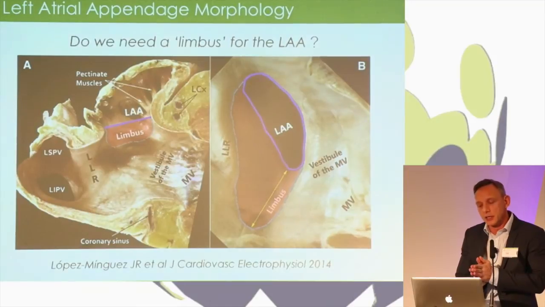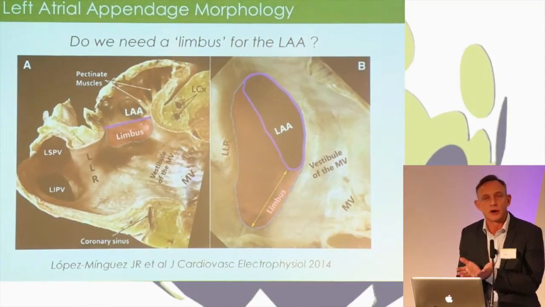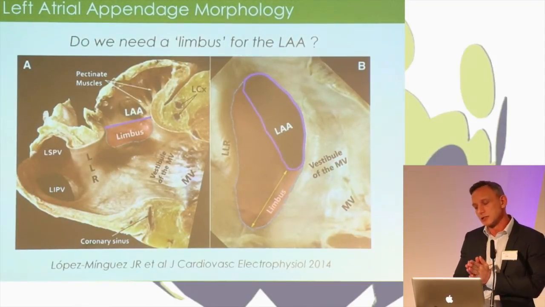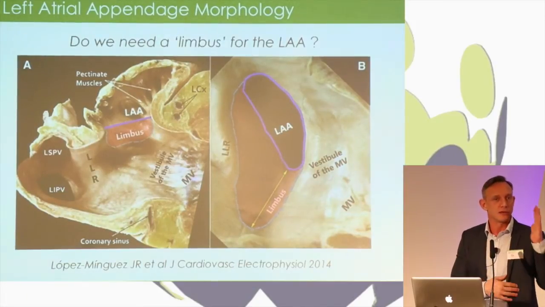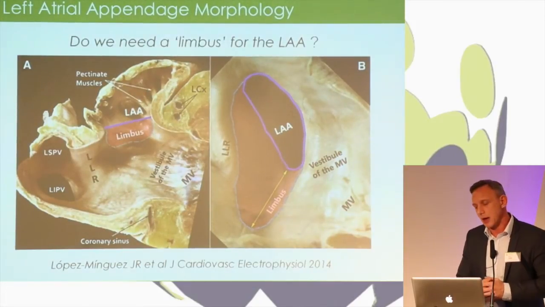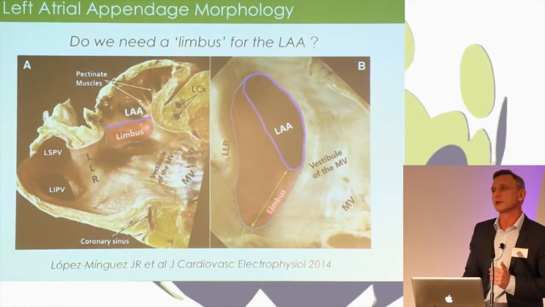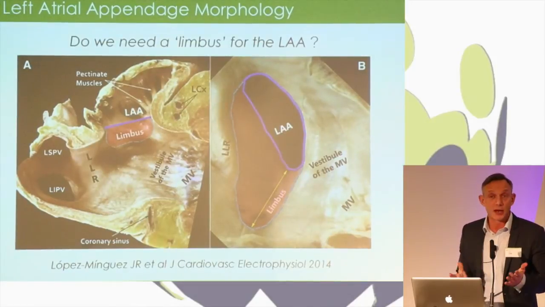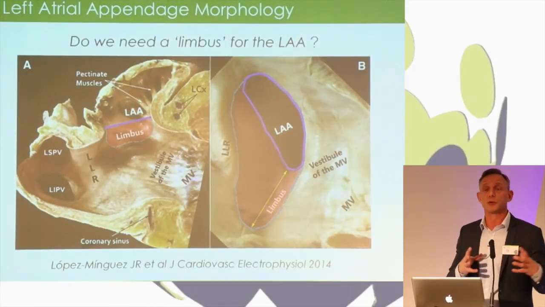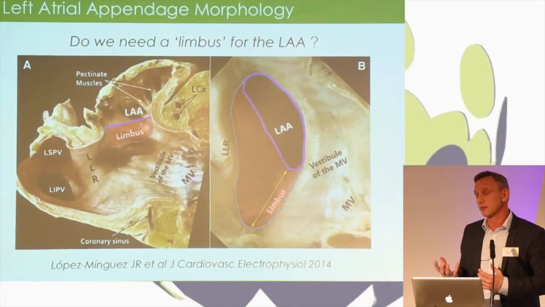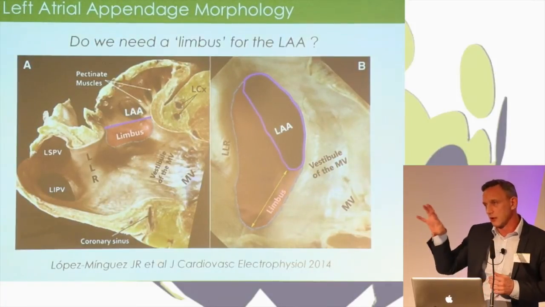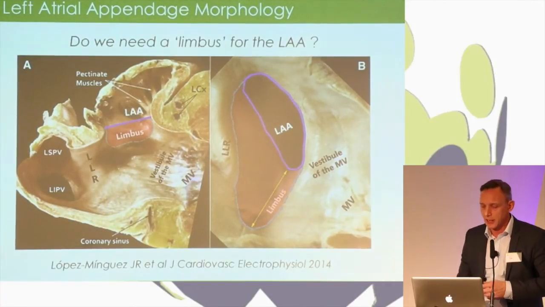What this publication describes is the space that exists between the left lateral ridge and the vestibule of the mitral valve. So it's the inferior extension from the os of the appendage. It can vary in its length and its morphology, and that may well be relevant to seating of the discs of a device in certain circumstances.